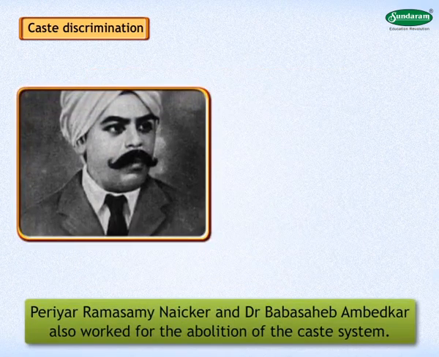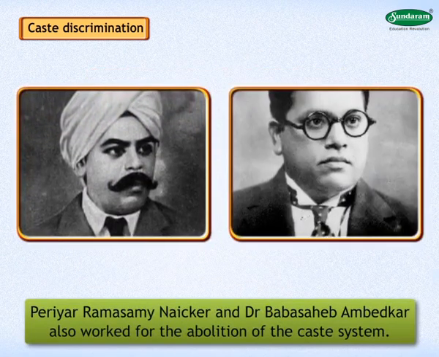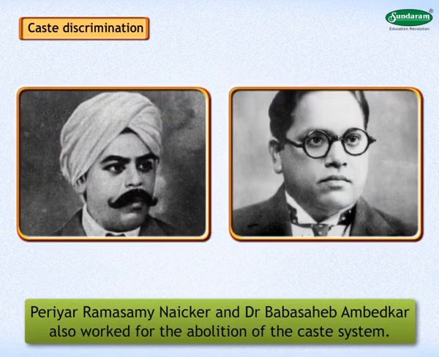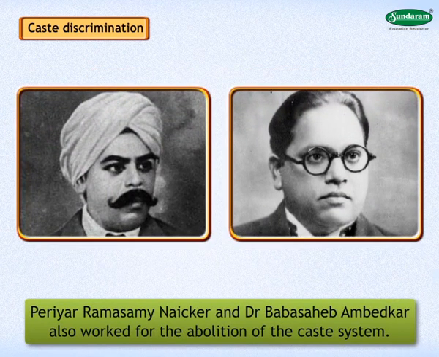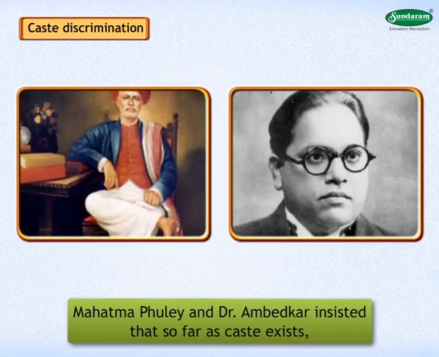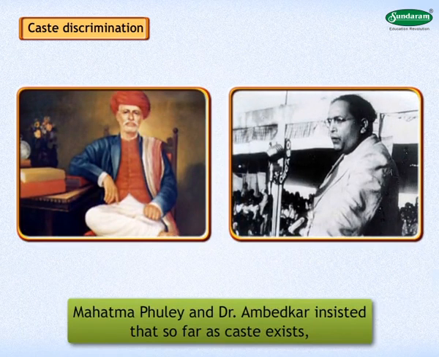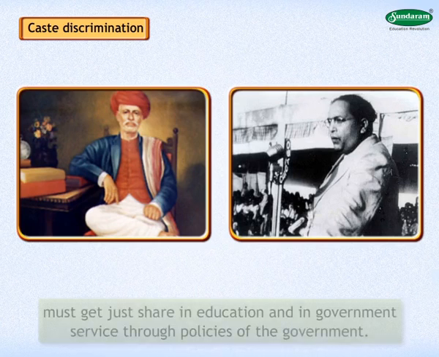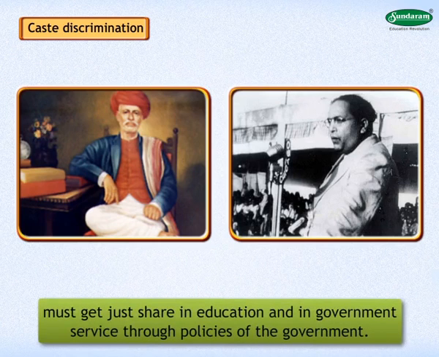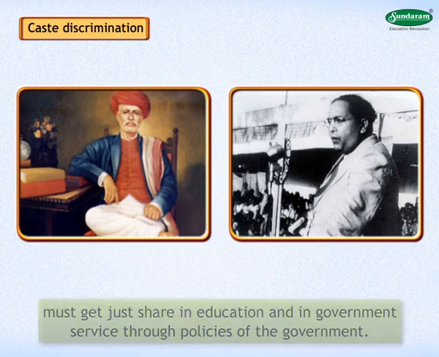Periyar Ramasamy Naikar and Dr. Babasaheb Ambedkar also worked for the abolition of the caste system. Mahatma Phule and Dr. Ambedkar insisted that so far as caste exists, backward castes must get just share in education and in government service through policies of the government.